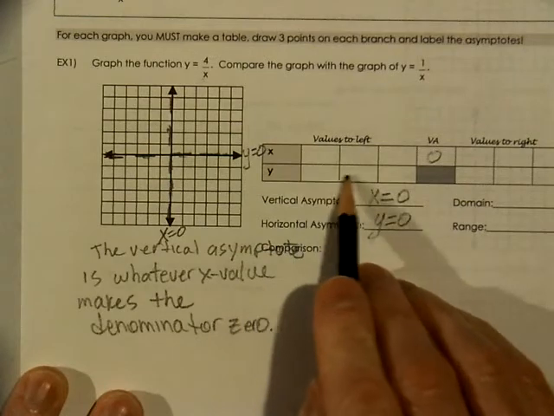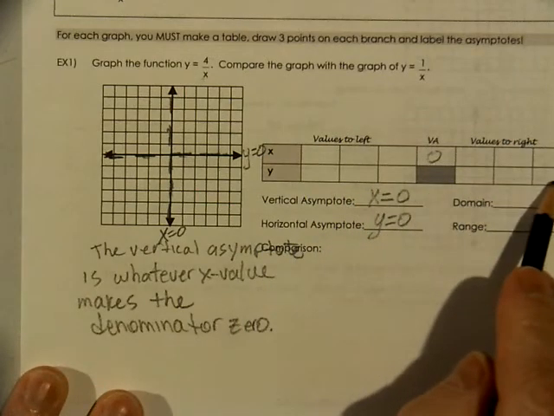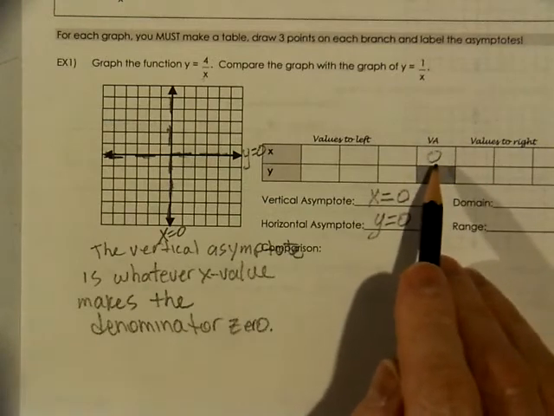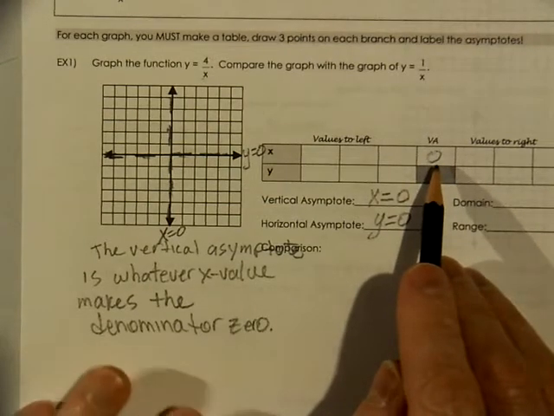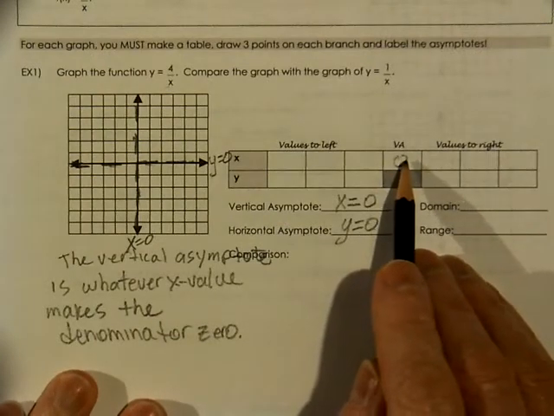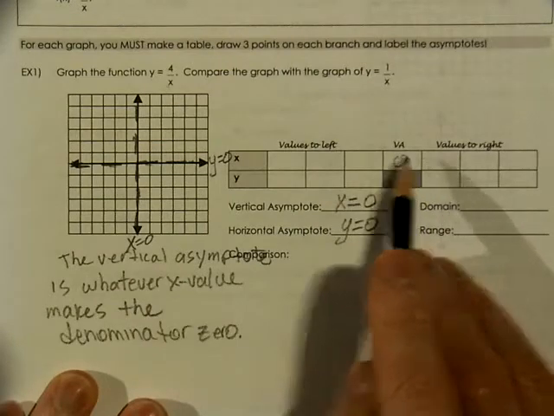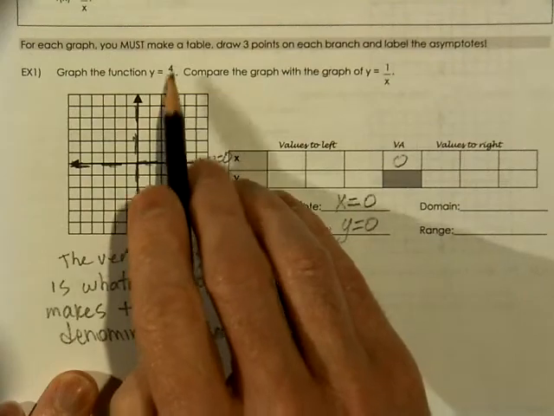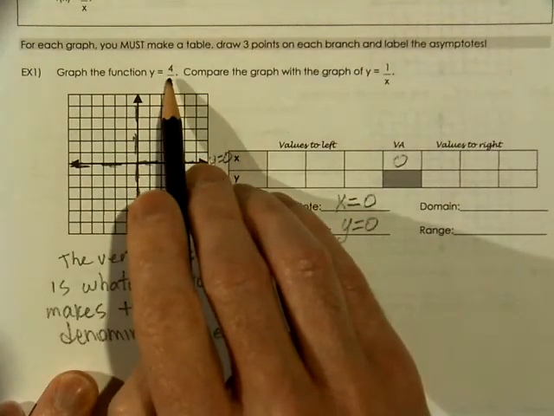So we're never going to get 0 as an answer, and we can't use 0 as a number to plug in. So we're going to pick 3 numbers to the right side of the vertical asymptote. Pick any 3 numbers you want. I would suggest, if you're going to try to be smart about what numbers to use, pick numbers that go into 4.